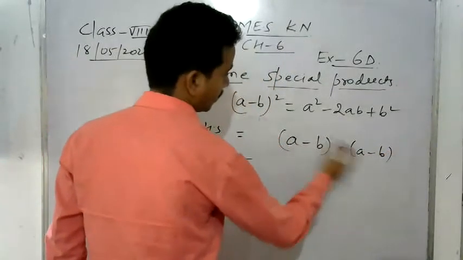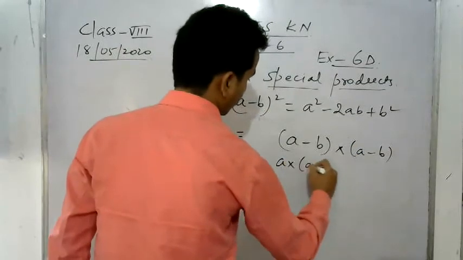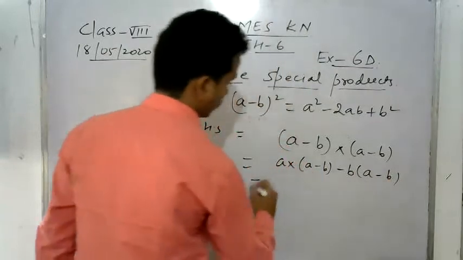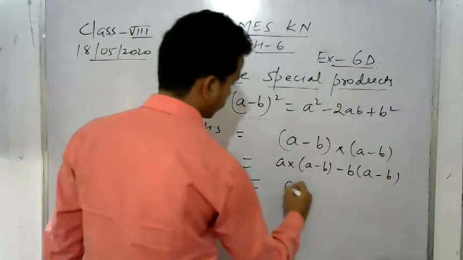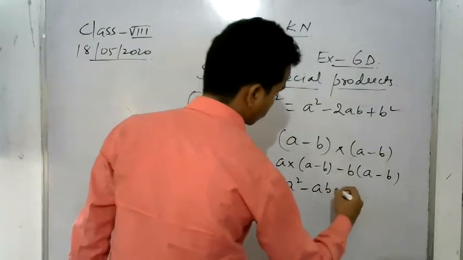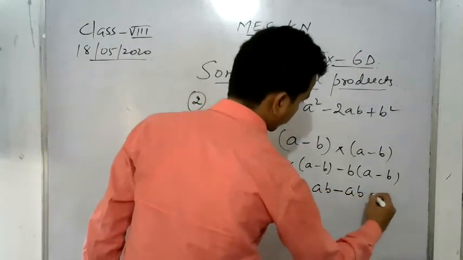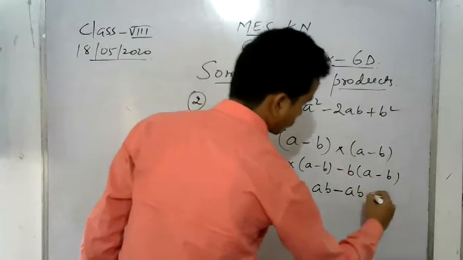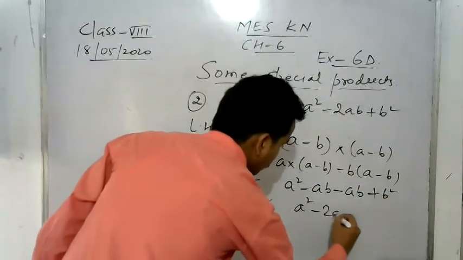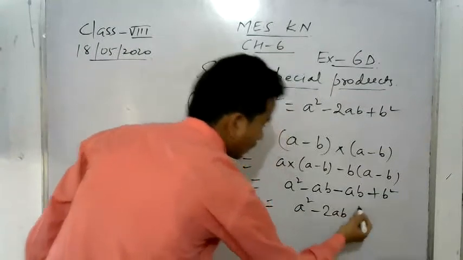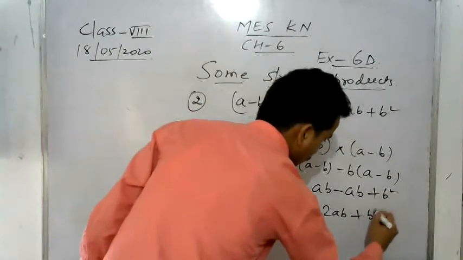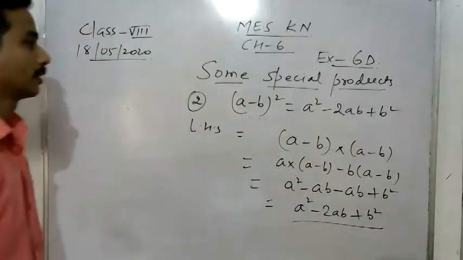Now multiply it: a into (a minus b) minus b into (a minus b). Now a into a is a square, minus a into b is minus ab, minus b into a is again minus ab, and minus minus here gives plus b square. So this will be equal to a square minus ab minus ab, which makes minus 2ab, plus b square. Okay, in this way you will derive it.